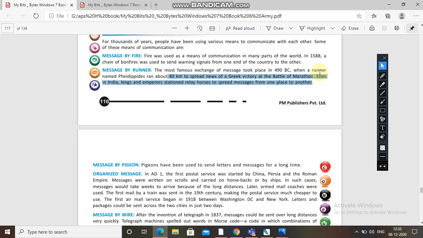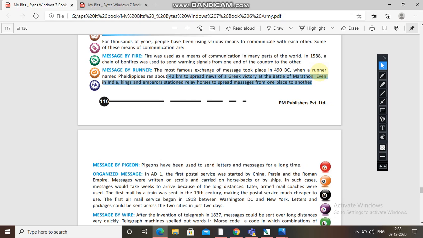Now, organized message. In AD 1, the first postal service was started by China, Persia and the Roman Empire. Remember this: China, Persia and the Roman Empire. Messages were written on scrolls and carried on horseback or by ships.